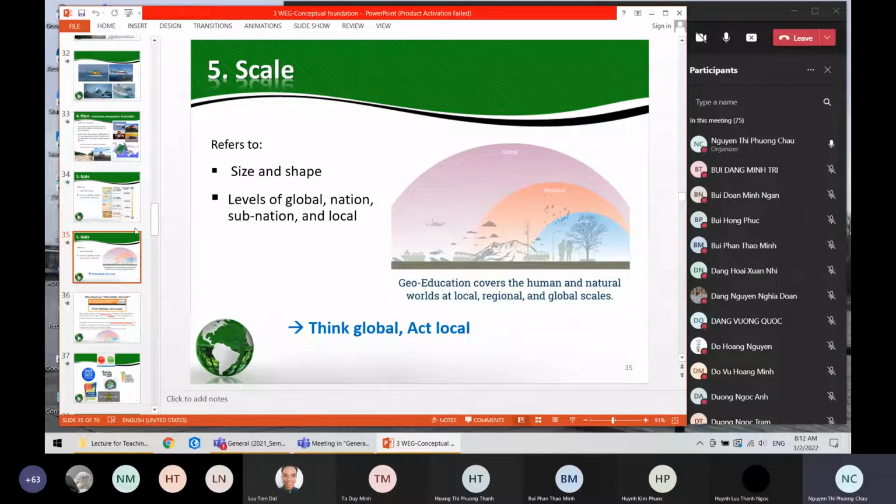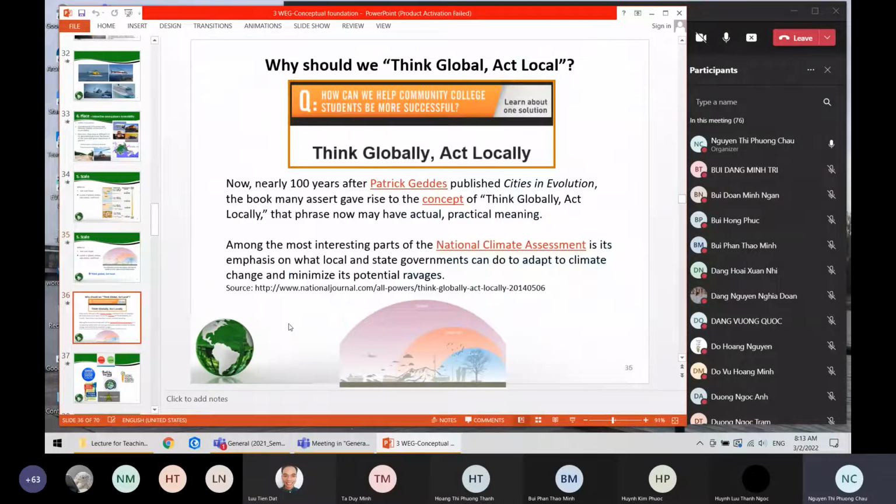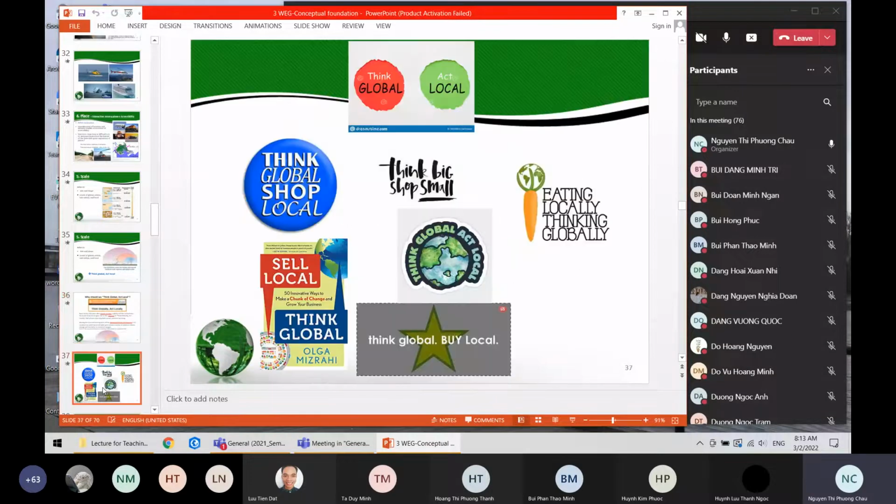This we can apply in other fields of study, as well as in your own strategy. Think about your future job: what is the global future job and what should we do from now?